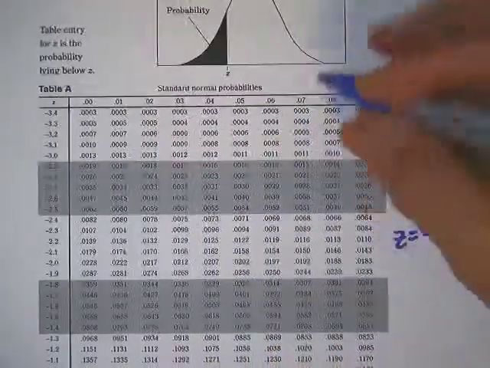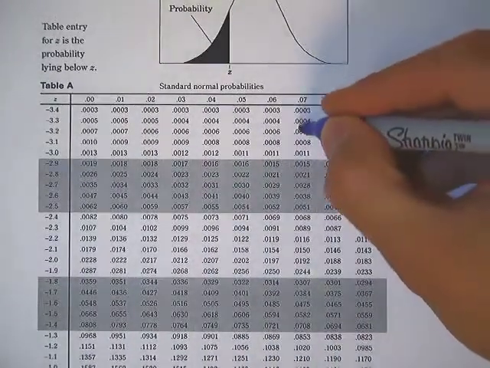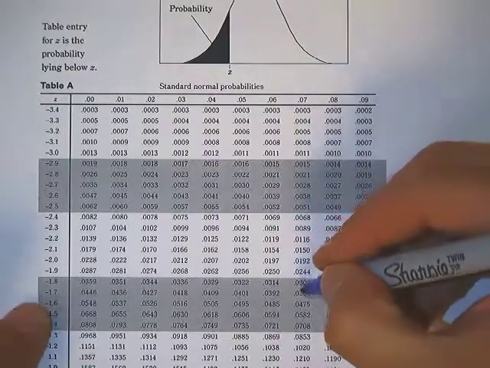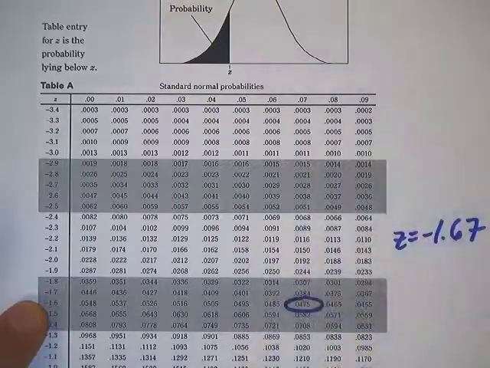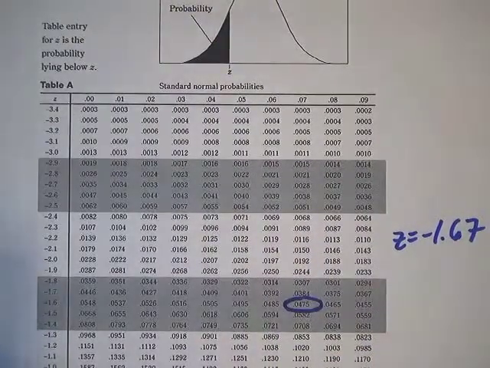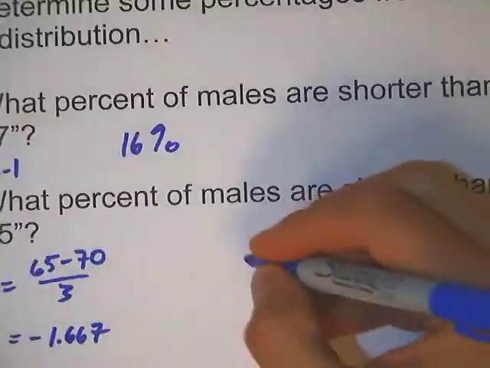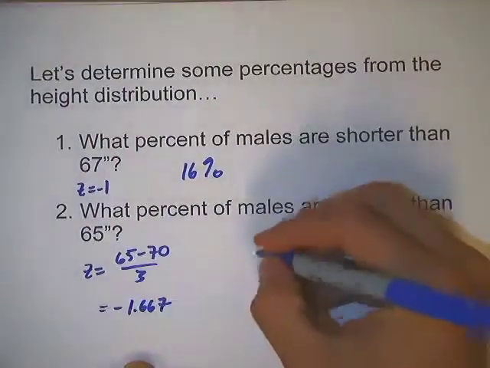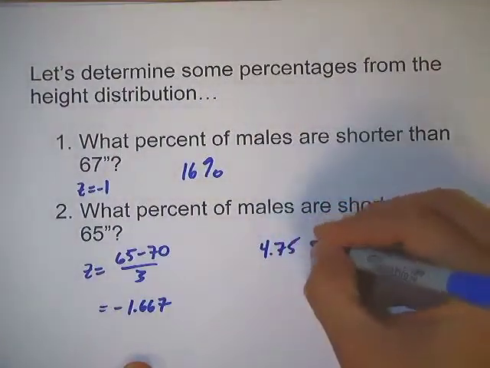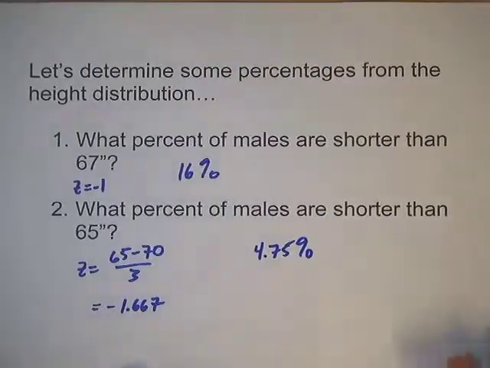I follow this down until I get to negative 1.6, and that gives me this probability right there, which ends up being about 0.0475. So the answer to this question would be 4.75%. About a little less than 5% of males are shorter than 65 inches.